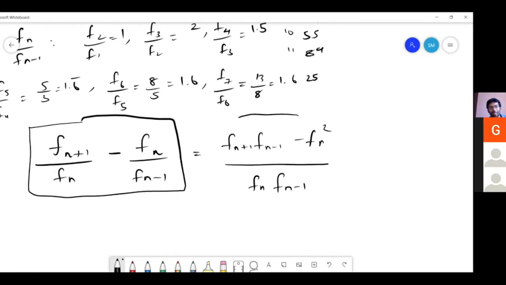This thing has a very beautiful structure in the Fibonacci sequence. The numerator will give you 1 and minus 1 alternately.